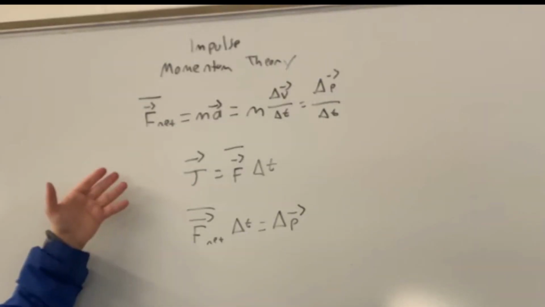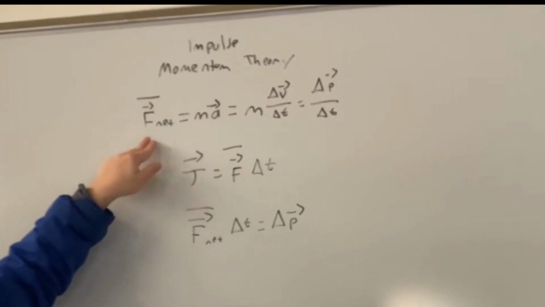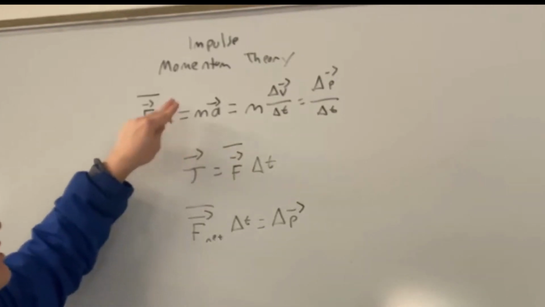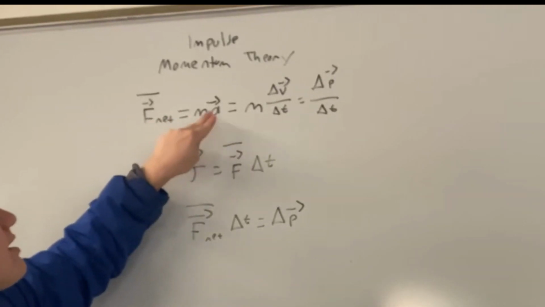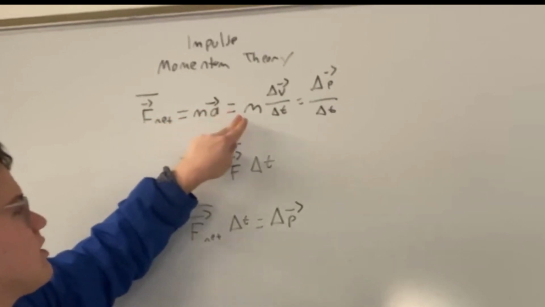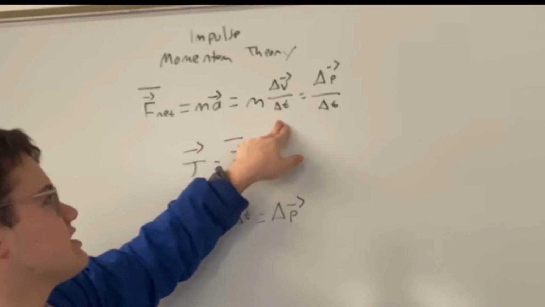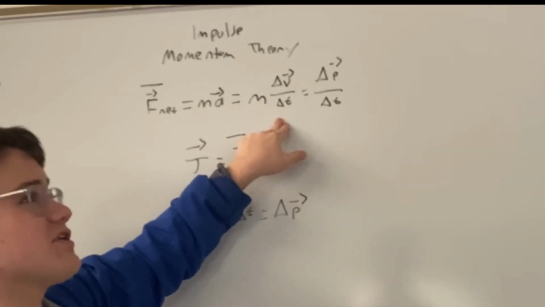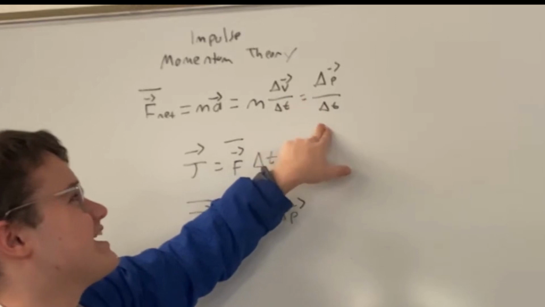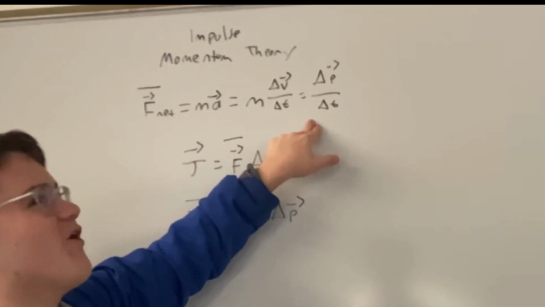And according to the impulse momentum theory, the net force is equal to the mass multiplied by acceleration, which is also equal to mass multiplied by change in velocity over change in time, which is also equal to change in linear momentum over change in time.